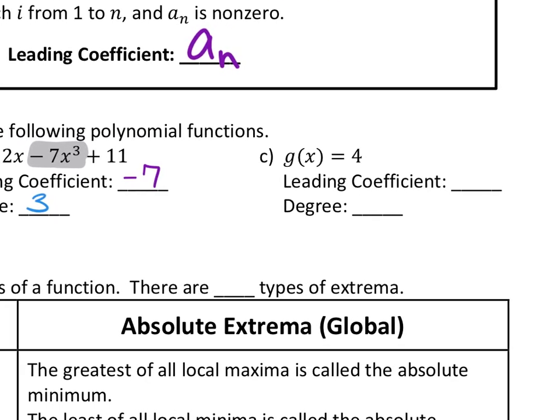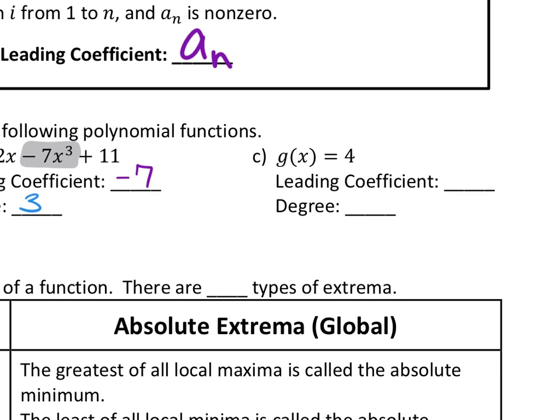Okay, how about this third one, c? What is the leading term? Well, there's only one term, so here we go. Meaning, what is the leading coefficient? 4. And what's the degree? Not quite. Thank you for falling for my trick. If we have x to the 1st power, isn't that the same thing as x?